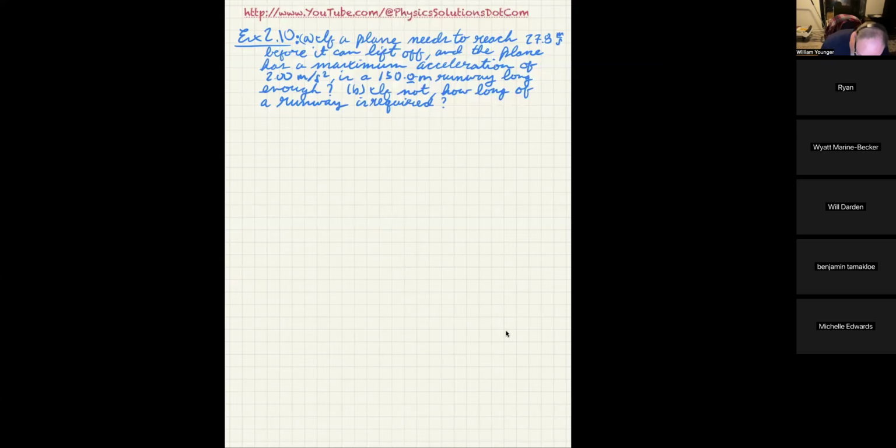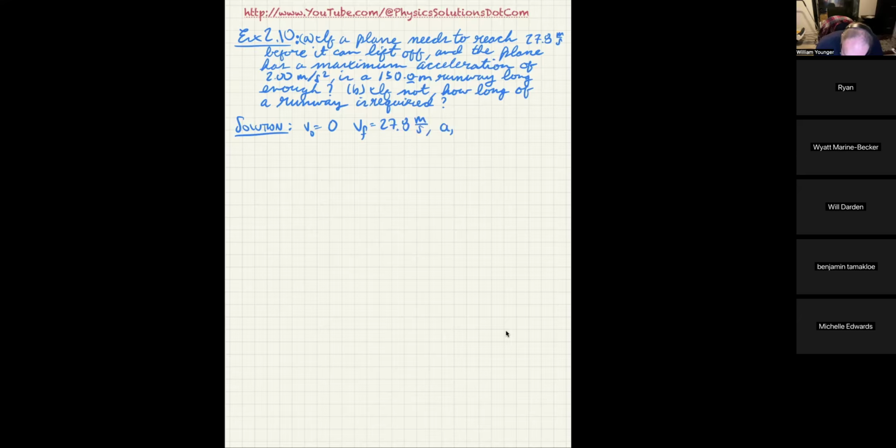So I'm going to immediately write down solution, and I'm going to start writing down the quantities that I'm given. So I know the initial velocity is 0, and that's just something that I inferred and the problem implied. So keep that in mind. The final velocity is supposed to be 27.8 meters per second.